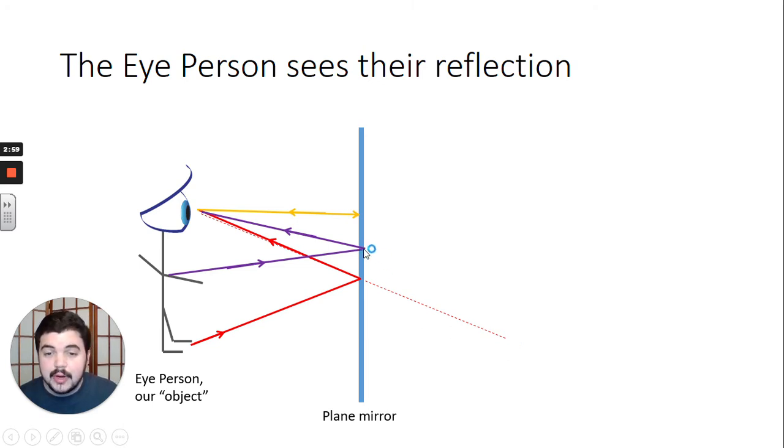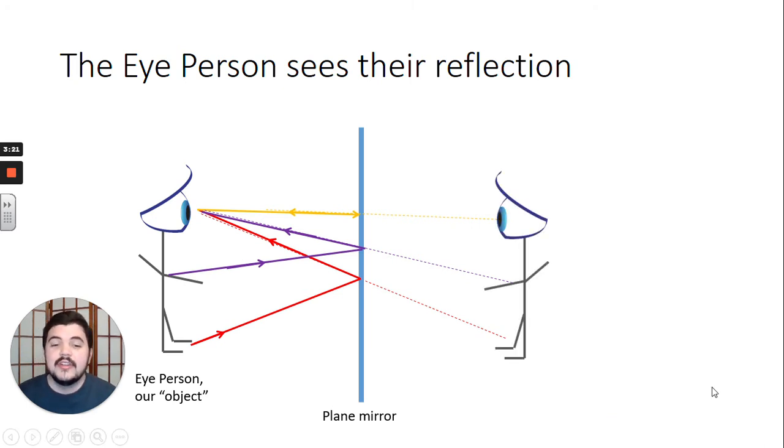Similarly, for this purple ray, the eyeball doesn't know that it bounced, so the person interprets the origin of the purple ray as being behind the mirror. Similar for the yellow ray. And so overall, the eyeball is interpreting all of these incoming rays as if they were coming from an identical image on the other side of the mirror.